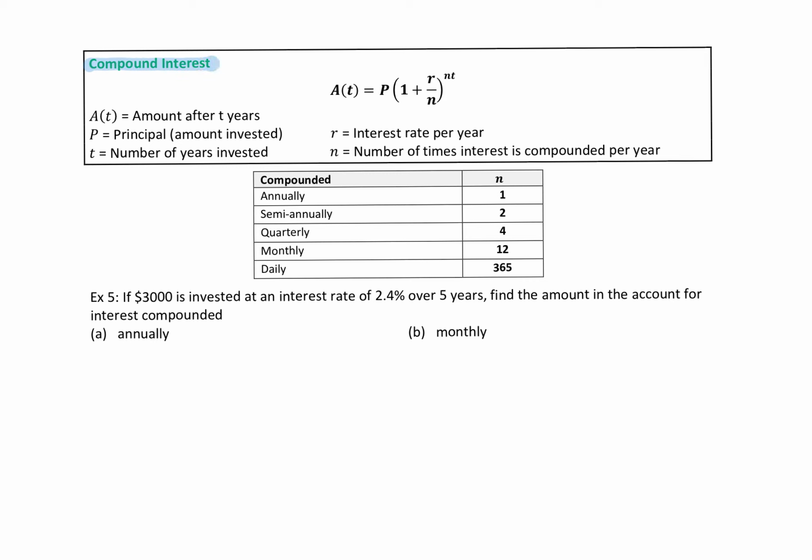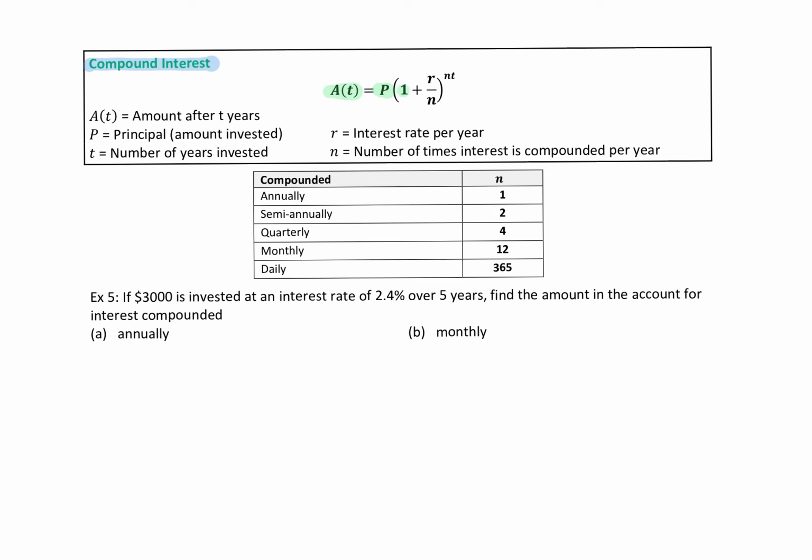So compounded interest just means that we're going to compute the interest a certain amount of times during the year. This A of t, this would be the amount that you have in your account after a certain amount of time. P is what we call the principal, and that's the amount you start with. That's the amount of money you're going to invest.